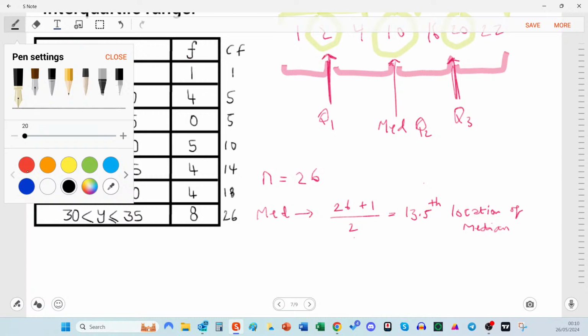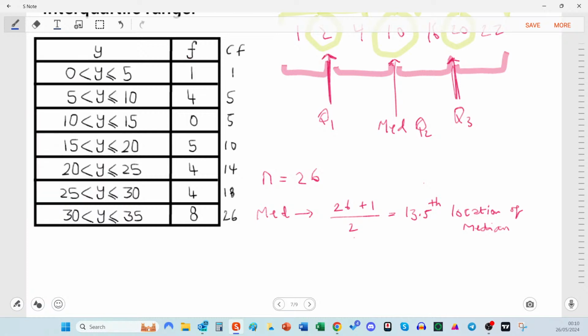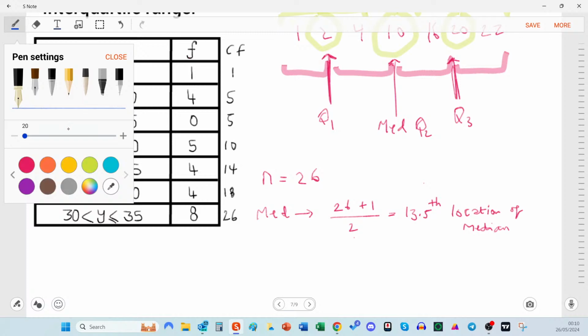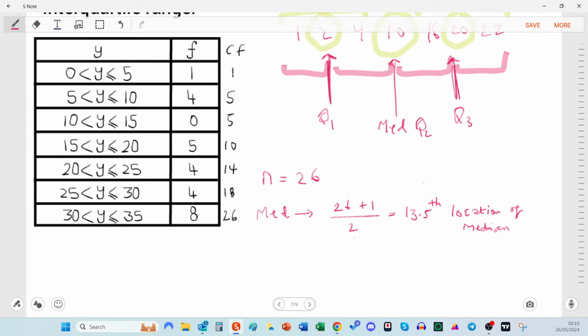Okay, so yeah, we're at the 13.5. Now if we look at this, we entered this with 1 person, 5 people, still 5, 10 people by the end of this line. So the 11th, 12th, 13th, 14th person all were in this section.